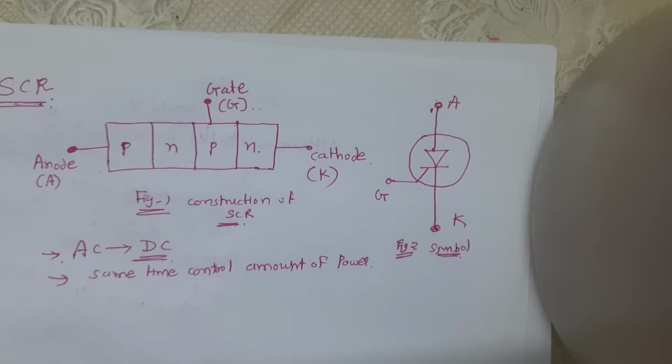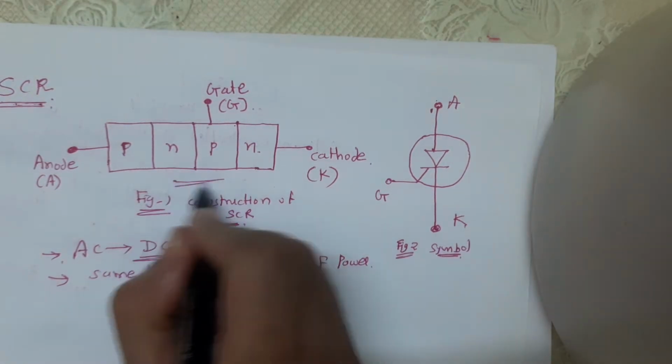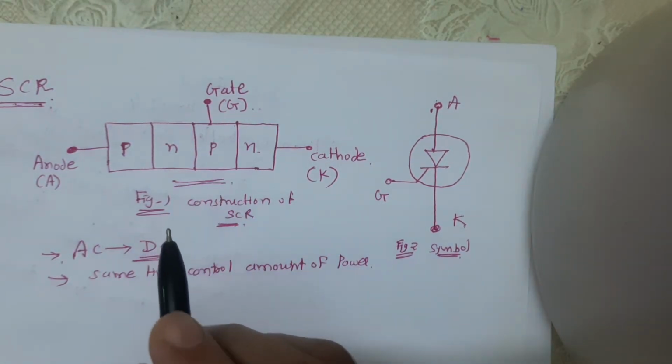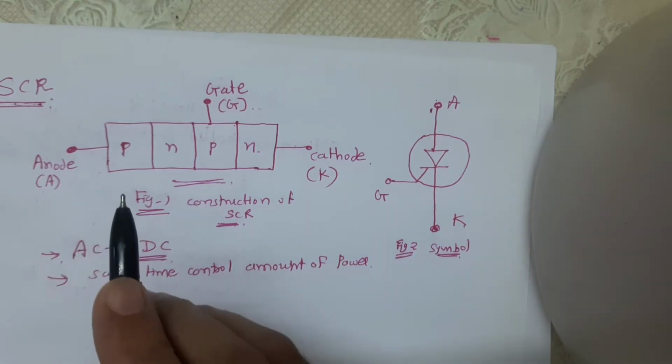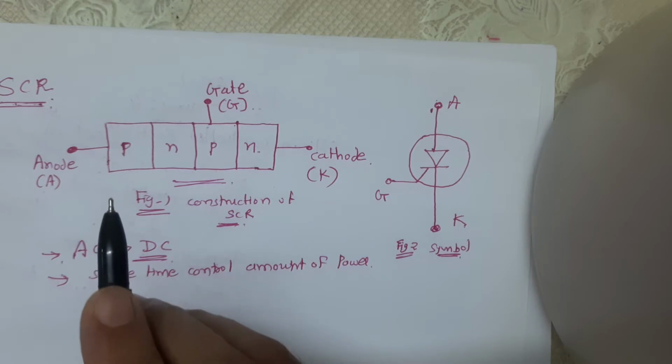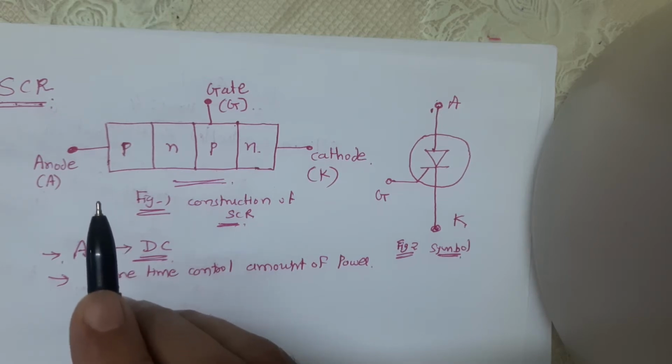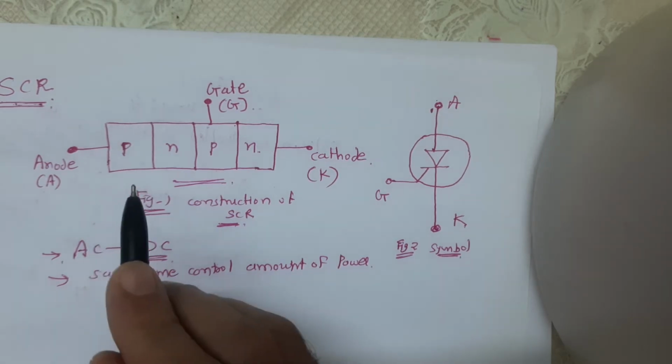Now, the construction details. When a PN junction is added to a junction transistor, the resulting three PN junction device is called a silicon controlled rectifier.